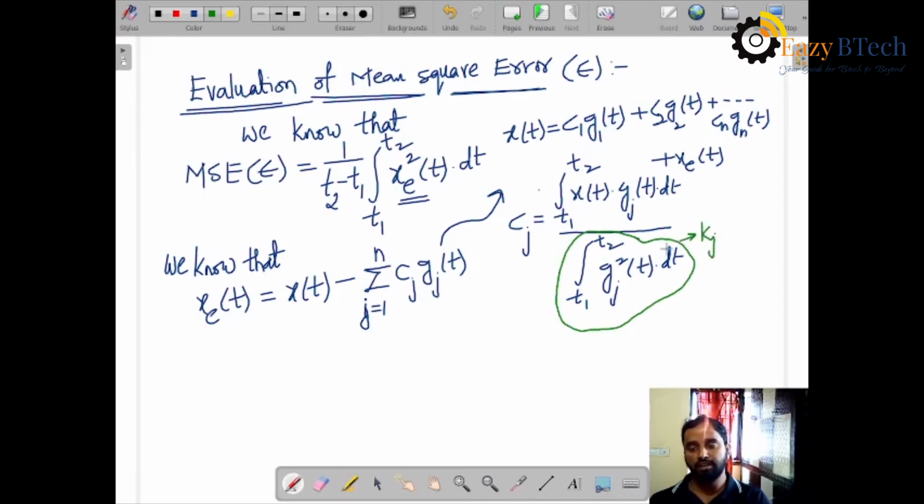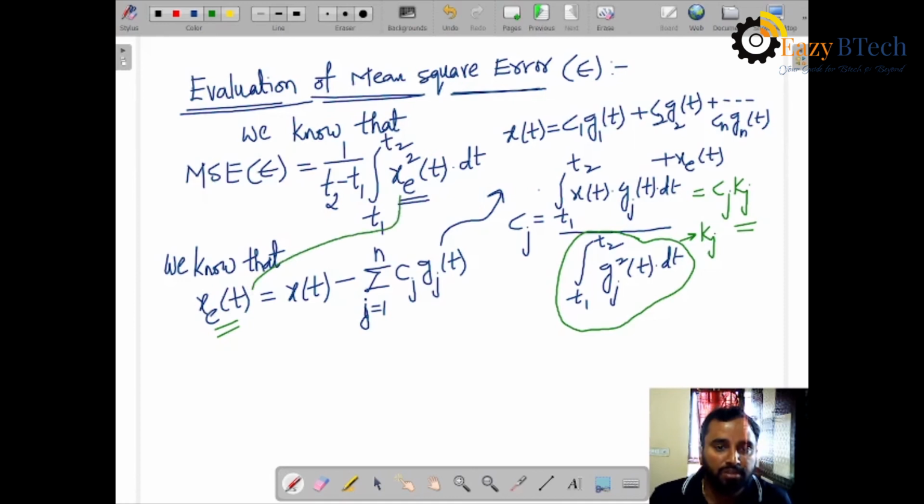Then the numerator integral will be equal to cj into kj. We can use it in this mean square error evaluation. That is why I am telling it again, because it is useful now. So this is the error function, and we are going to substitute it in the mean square error. After that, we will see what happens.